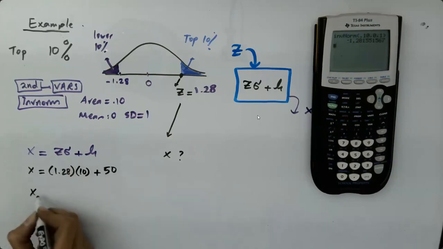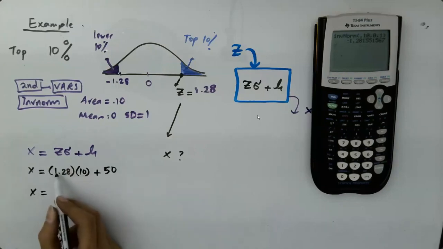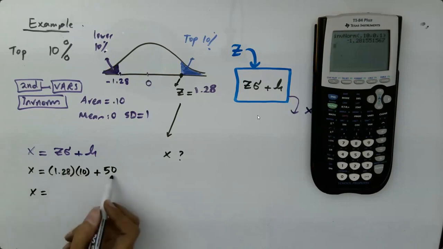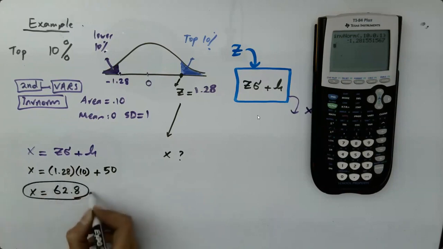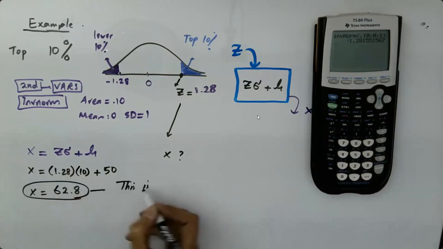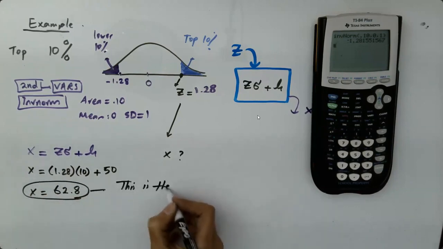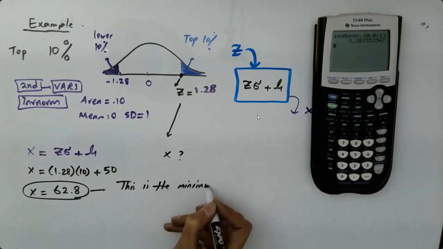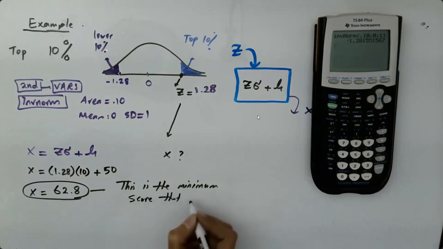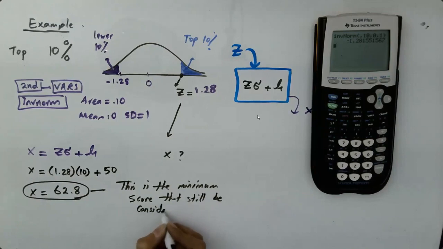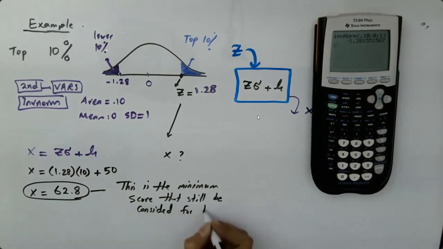So if we just multiply these two numbers and add 50 to it, you get 62.8. So this is the minimum score that still be considered for hiring.